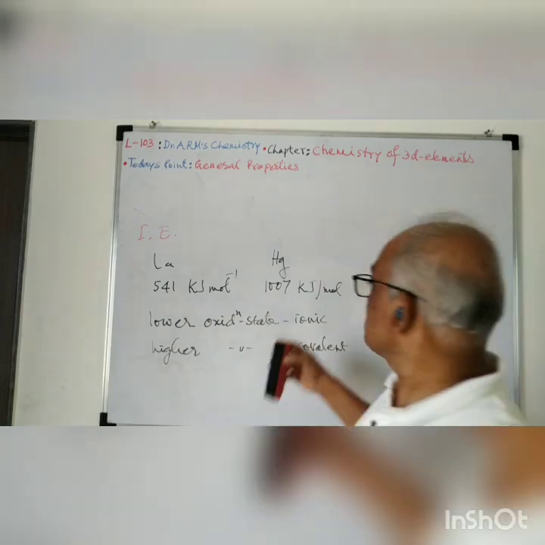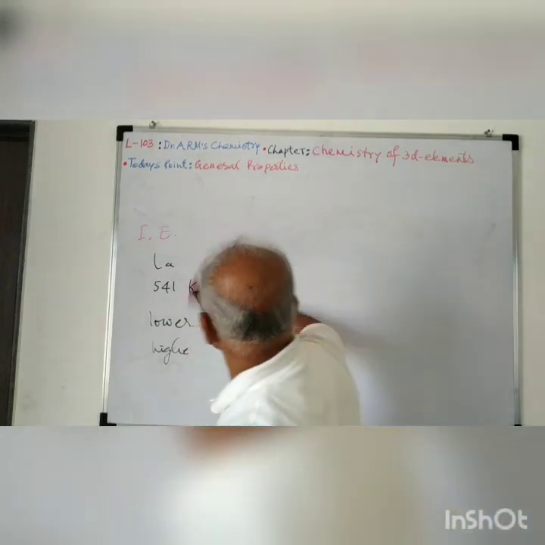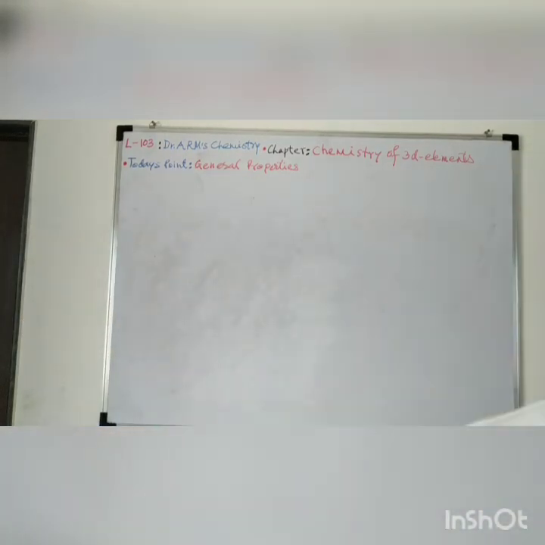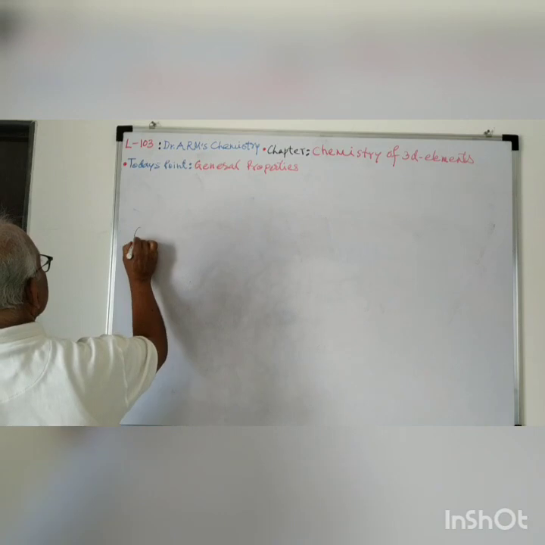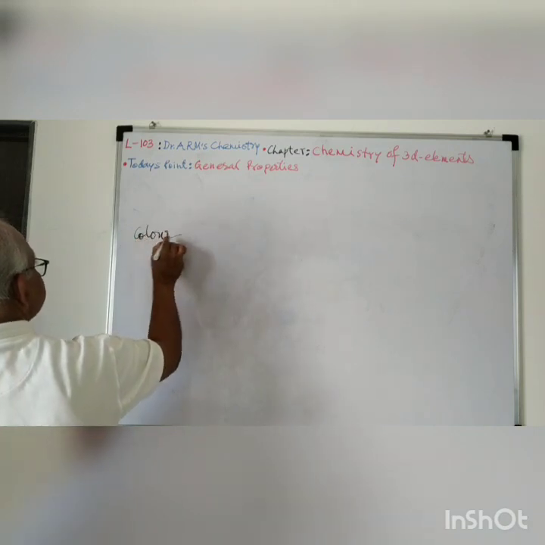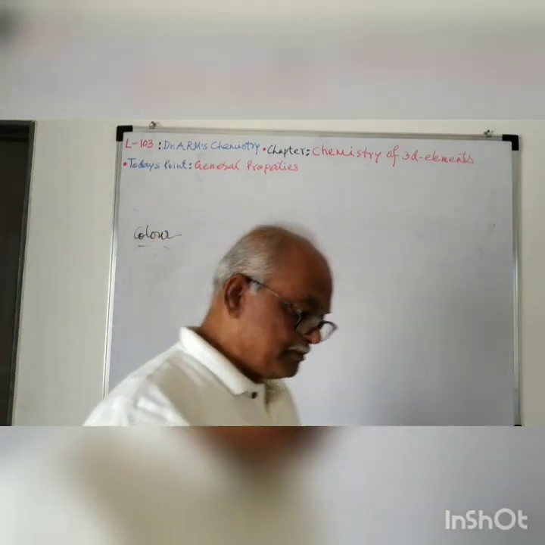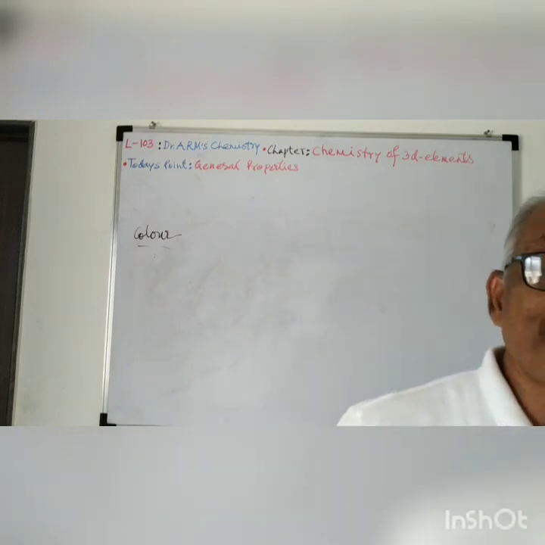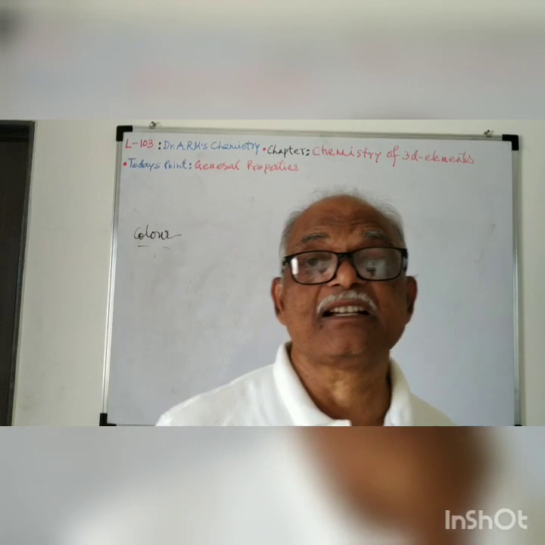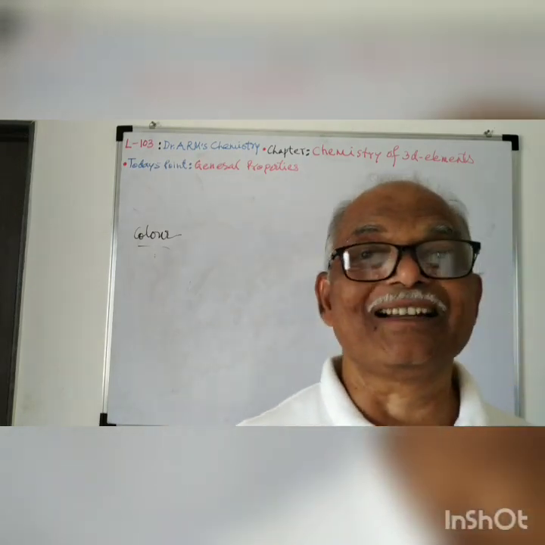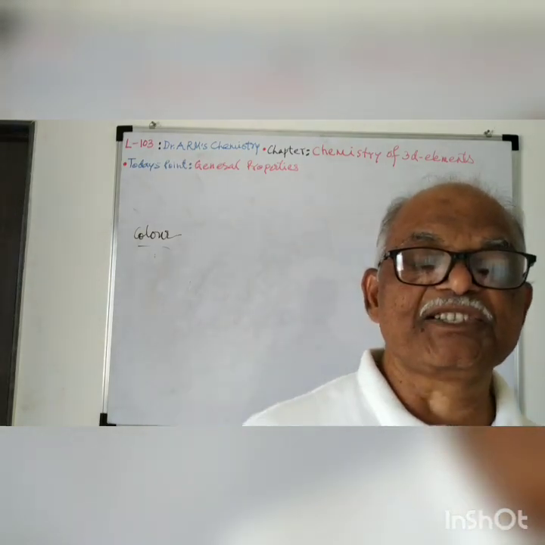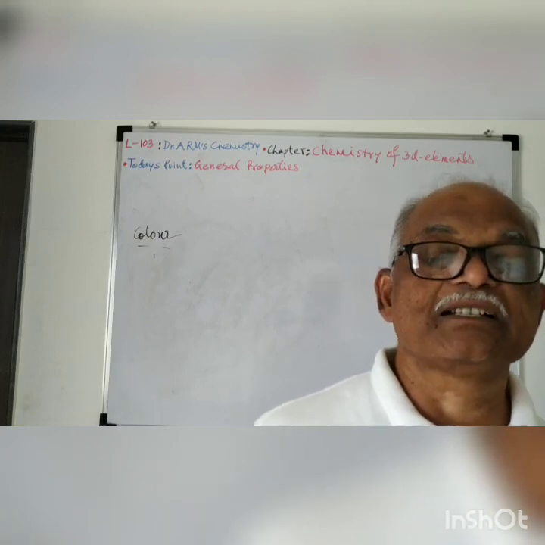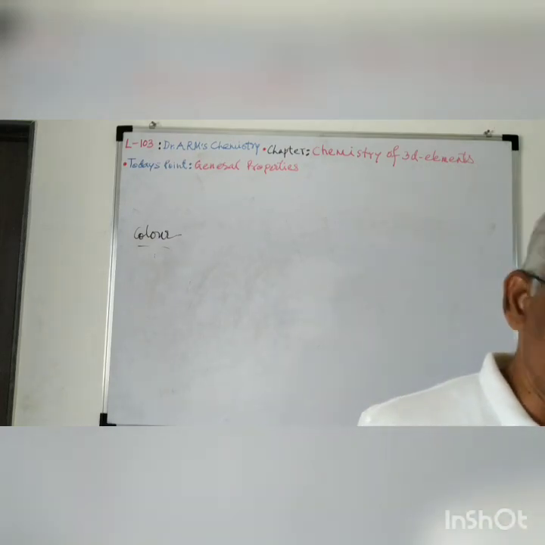Then the next point is color. If we see the color of the S block elements and P block elements, they are found to be generally colorless. But transition metals and their elements give ionic and covalent compounds which are mostly colored.